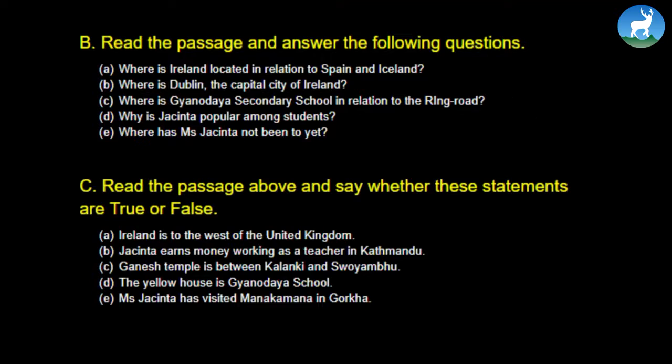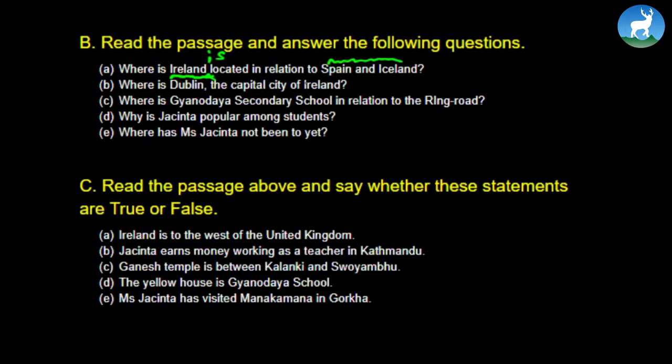Not in relation to UK. So, if you read the passage for this question, make sure you keep in mind Spain and Iceland. When you begin the answer, have you read the first paragraph? So, Ireland is located.